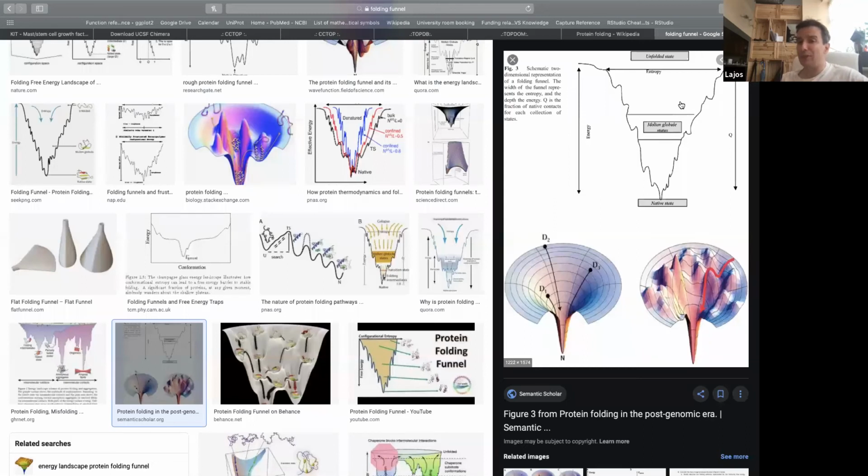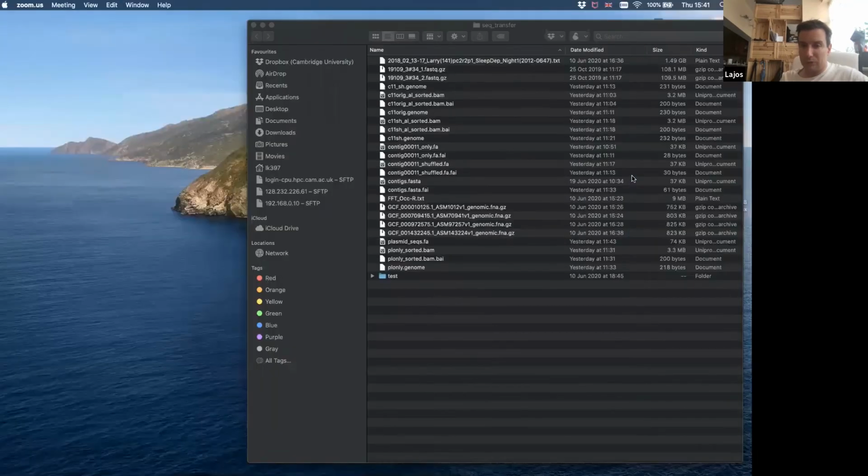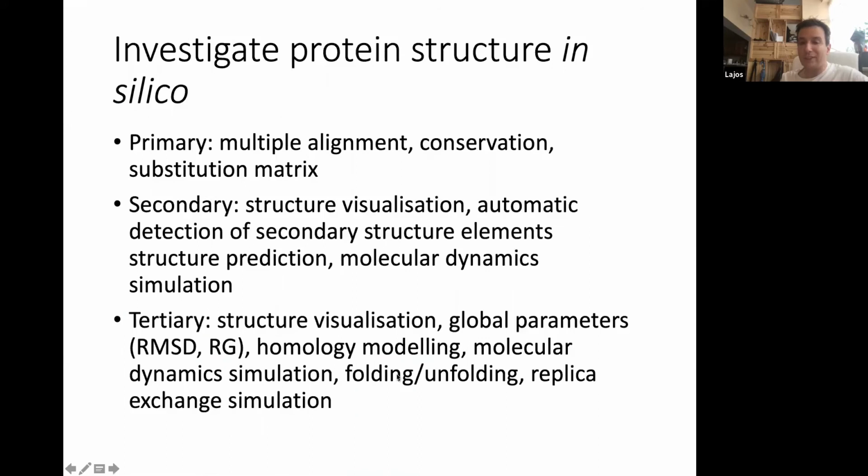During the real folding, many proteins will get stuck here or there, and they just need a small energy to push them out from this hole and try other energy minimums as well. So that's why simulating folding is actually a very challenging task, but I will tell you how you can do that.